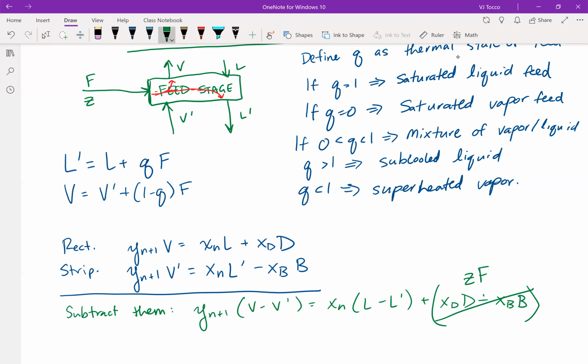Actually, wait, I messed it up. That should have been a plus because I subtracted the second equation. So that minus minus becomes a plus, and that is equal to z times F.